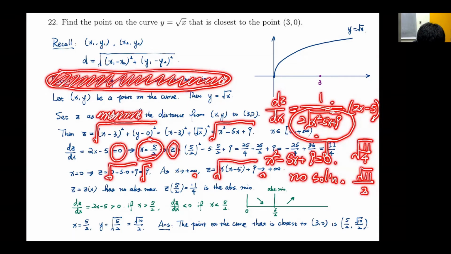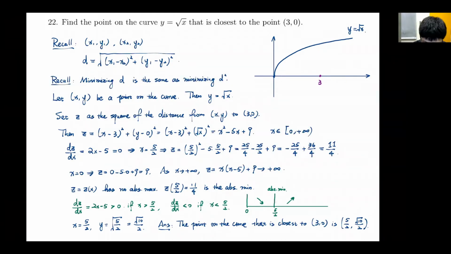As x equals 0, z equals root of 9, and as x approaches infinity, z also approaches positive infinity. So you see that the solution will be completely the same, but the only difference is you have to deal with this extra denominator, and you also need to argue that this derivative is defined everywhere, so there are no extra critical numbers.